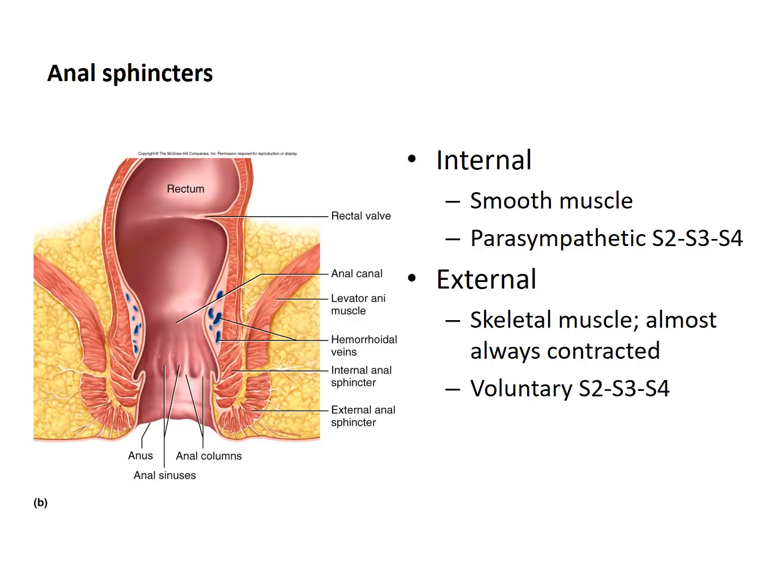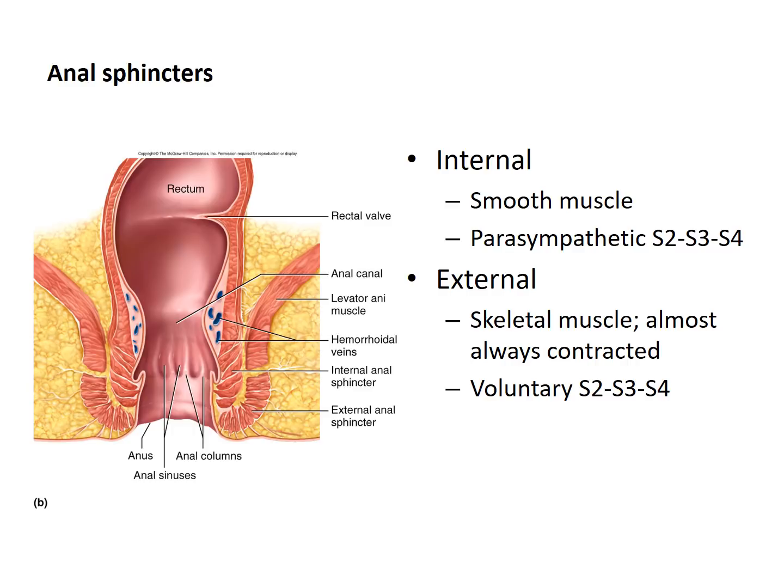We talk about the process of defecation. We actually have two sphincters in the rectum. We have the inner rectal sphincter, which is involuntary and controlled by the parasympathetic nervous system. That innervation comes from the distal end of the spinal cord, sacral 2, 3, and 4.